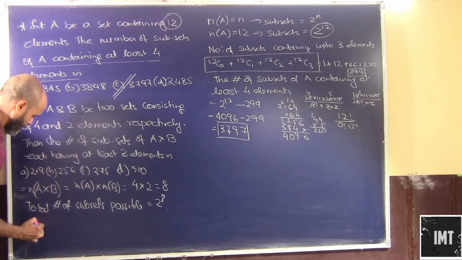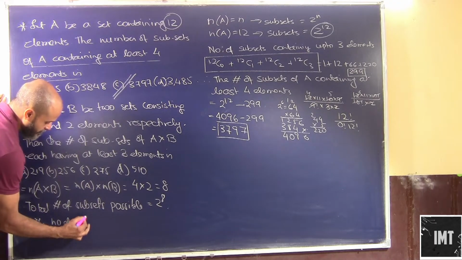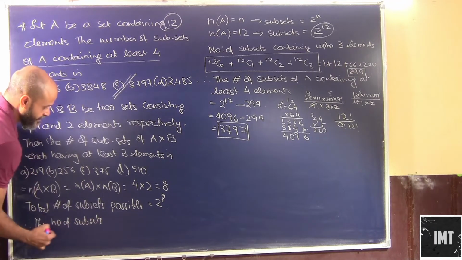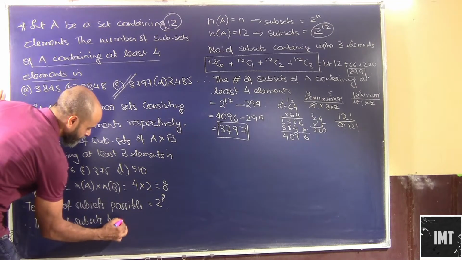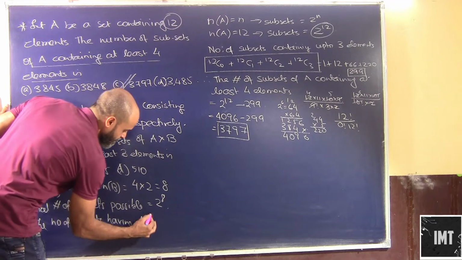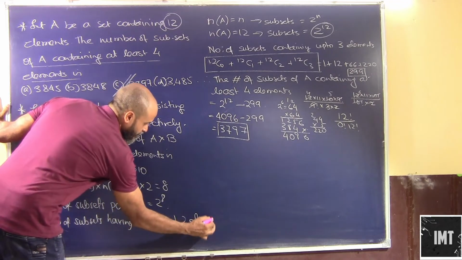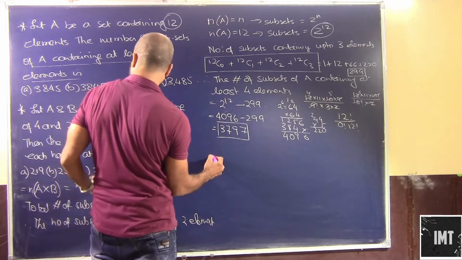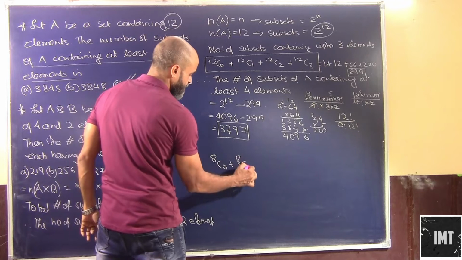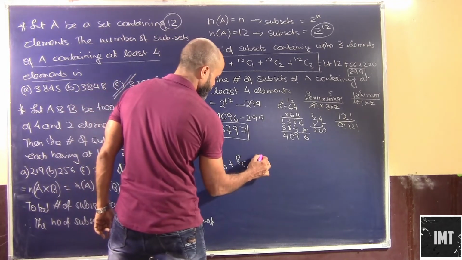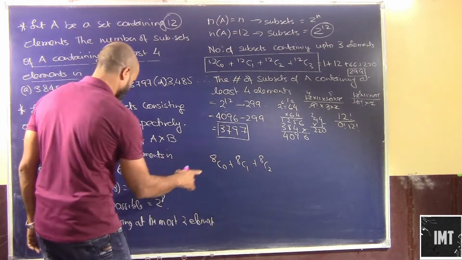Therefore the number having at most two elements. How many will this be? We have 8C0, nothing at all, 8C1 plus 8C2. Over and above this has to be included. So this has to be subtracted from 2 to the power of 8.